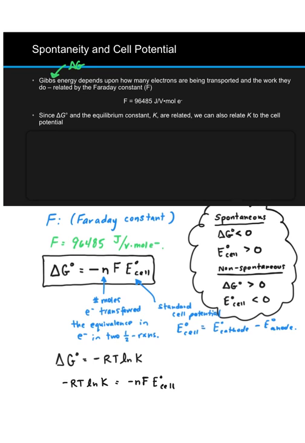If we solve this equation for just E cell by dividing through by negative n and F, we end up with this result. The standard cell potential for an electrochemical reaction is equal to RT over nF times the ln of K, our equilibrium constant.